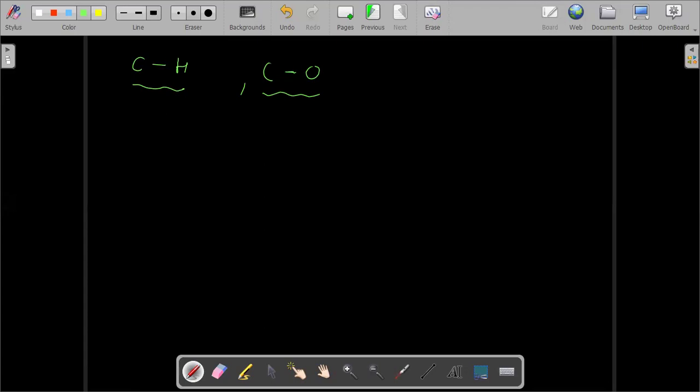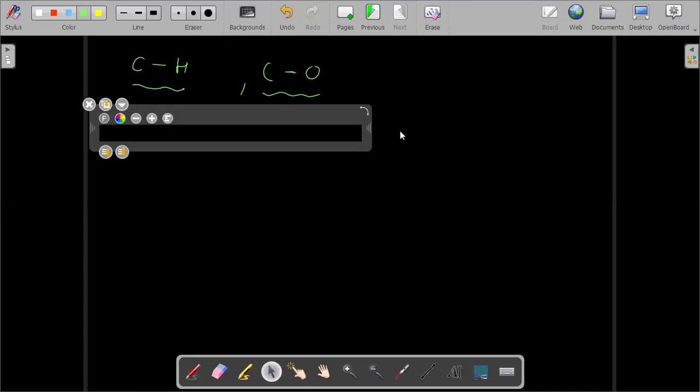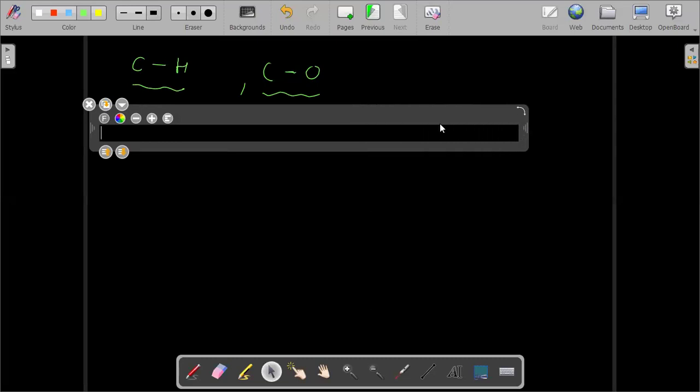Carbon adopts another strategy for making bonds that we call the covalent bond. That is bond formation by sharing of electrons.